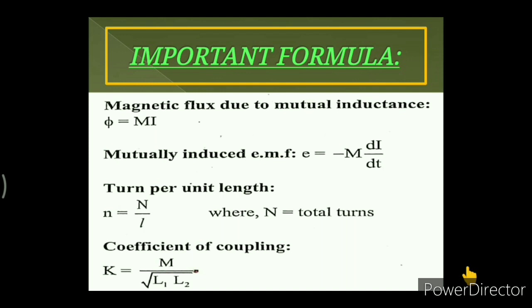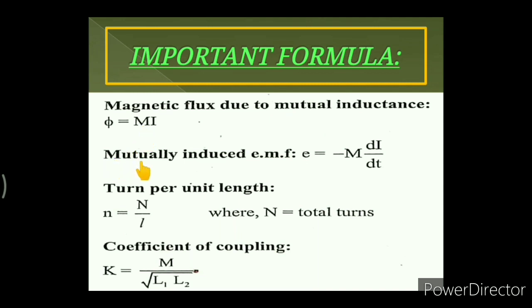Hence, here we can write the magnetic flux linked with the coils is directly proportional to current I in it, and that's why we can write it as phi is equal to M i, where M is said to be the coefficient of the mutual inductance.